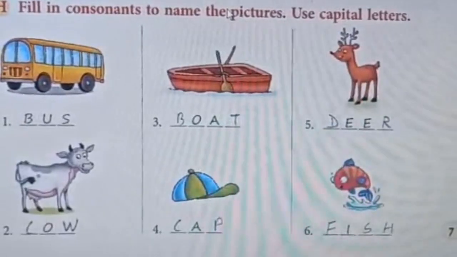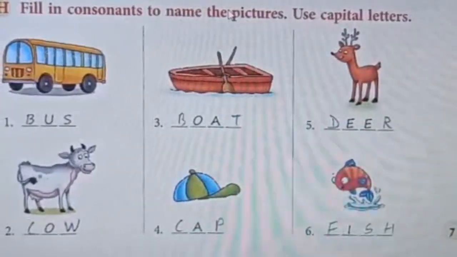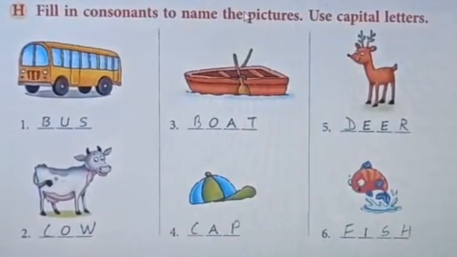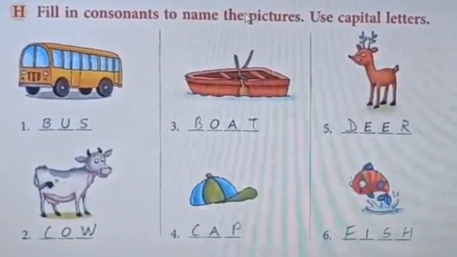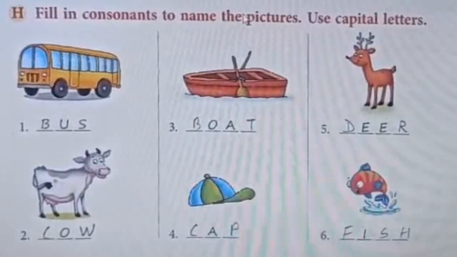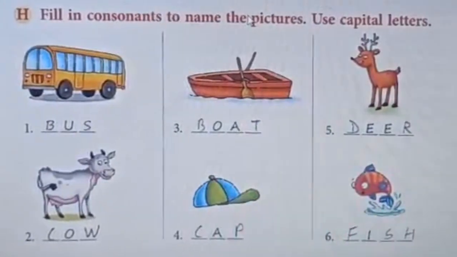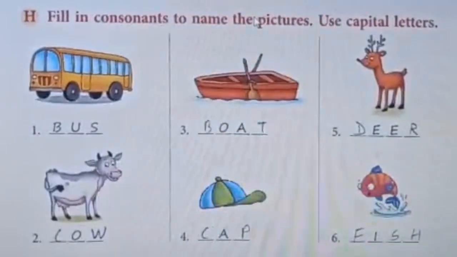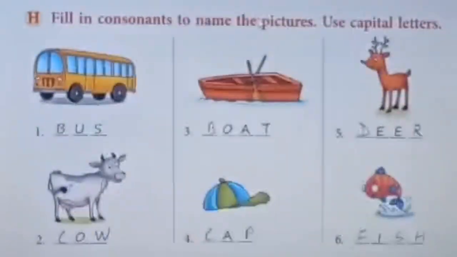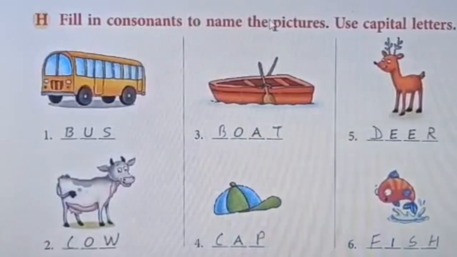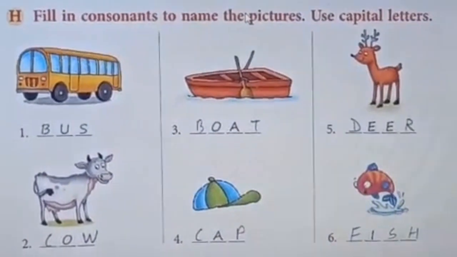D-E-E-R, so E-E, double E is given, so we will write D in the starting and R in the last, that is deer. Then cow, C-O-W, O is given and we will write C and W, that is consonant. Then cap, C-A-P, we will write C and P. Fish, F-I-S-H, we will write F and S-H, they are consonants.